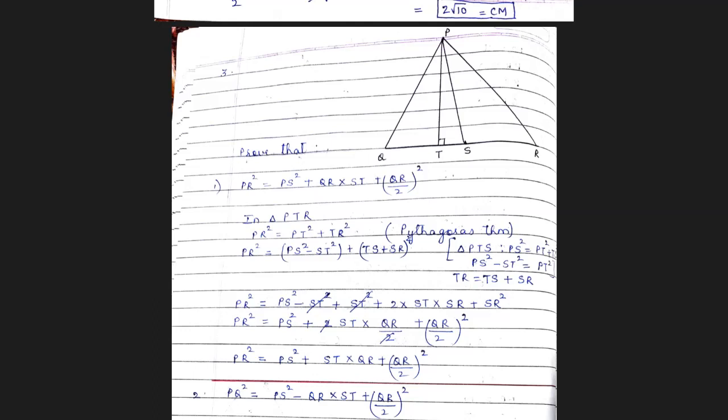I hope it's clear. Now, PR square is equal to PS square minus ST square plus TS plus SR the whole square. Which formula have I applied? It is A plus B the whole square, so that's A square plus 2AB plus B square.